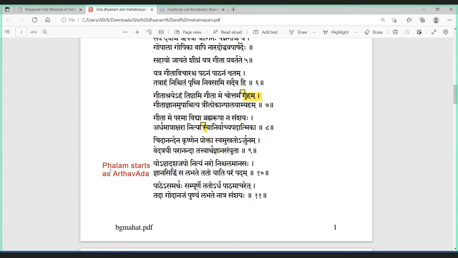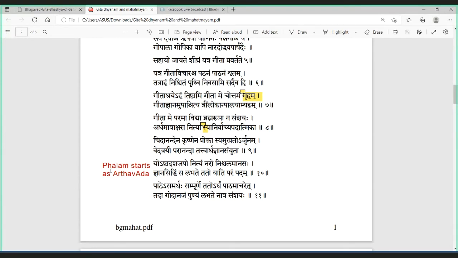What is this knowledge? Vedatrayi. In all the three Vedas, because the fourth Veda was supposed to be later. Atharva Veda is the fourth Veda. The first three Vedas. Vedatrayi Parananda Tattva Artha Jnana Sanyuta. The knowledge that is there in the Bhagavad Gita is equivalent to the Tattva Artha that is there in the three Vedas.